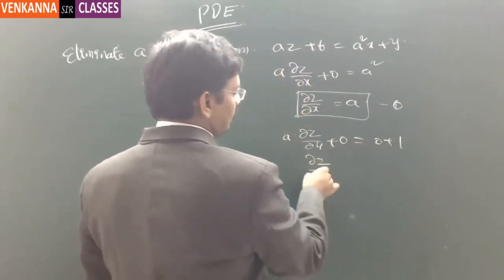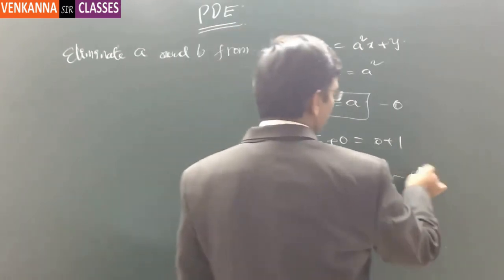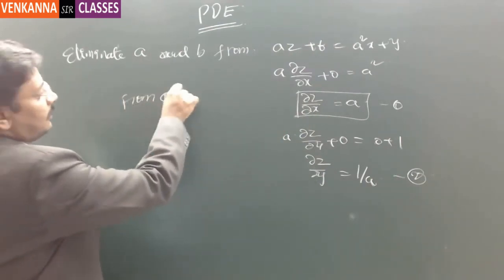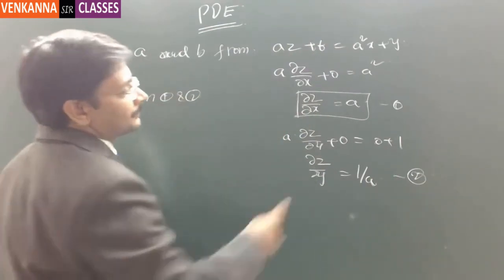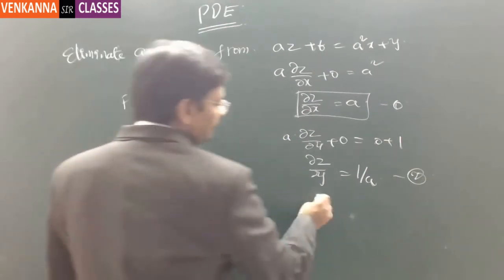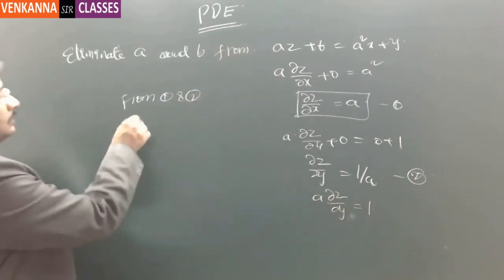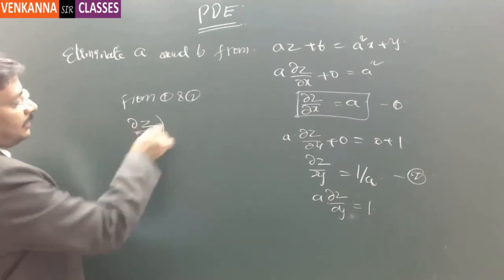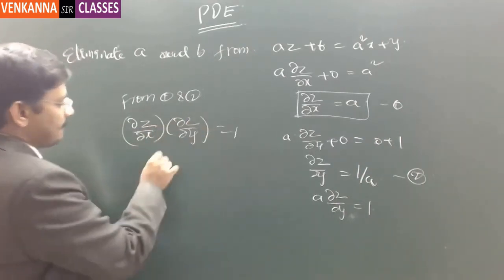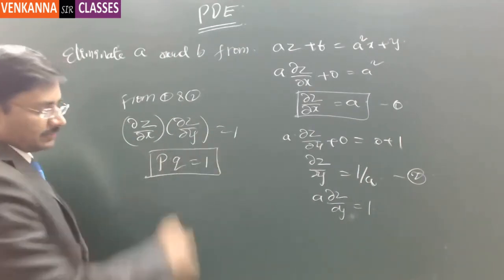Or dou z by dou y is equal to 1 by A. So from equation number 1 and 2, you replace the value of A, so A into dou z by dou y equal to 1. It implies A is dou z by dou x and then into dou z by dou y equal to 1, or PQ is equal to 1. This is the differential equation.